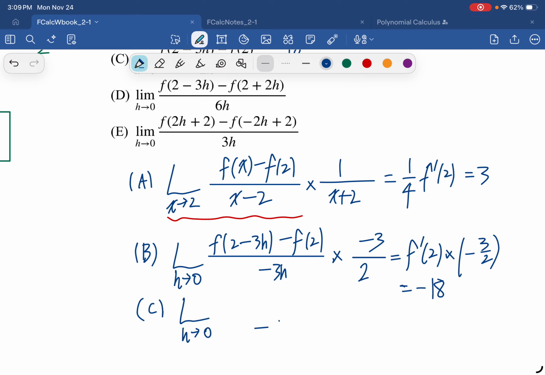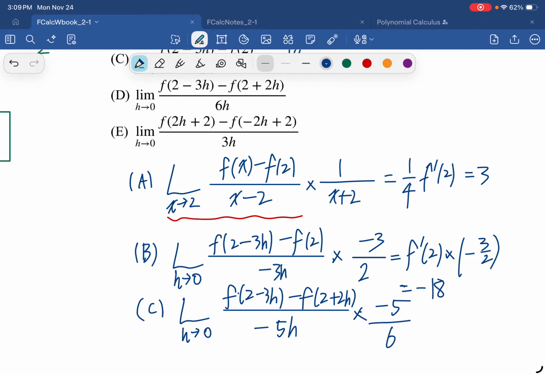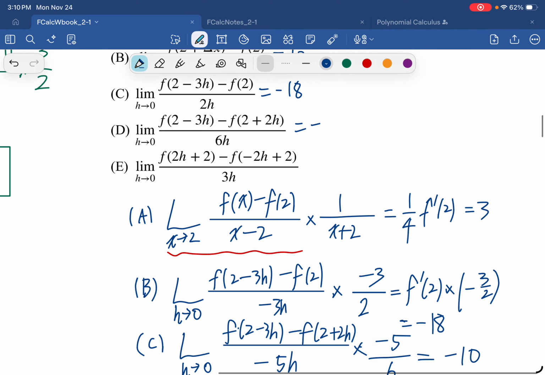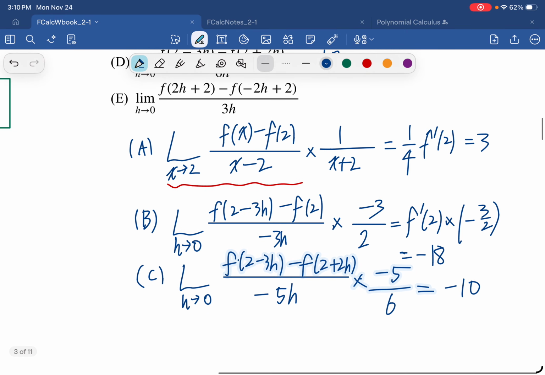So I'm going to write negative 5h, and the numerator is going to be f of 2 minus 3h minus f of 2 plus 2h. And then we need a cancellation of that, and originally we wanted 6, so negative 5 over 6 would be multiplied. And if we plug in f prime of 2 equals 12, that would be 2 times negative 5, which is negative 10.